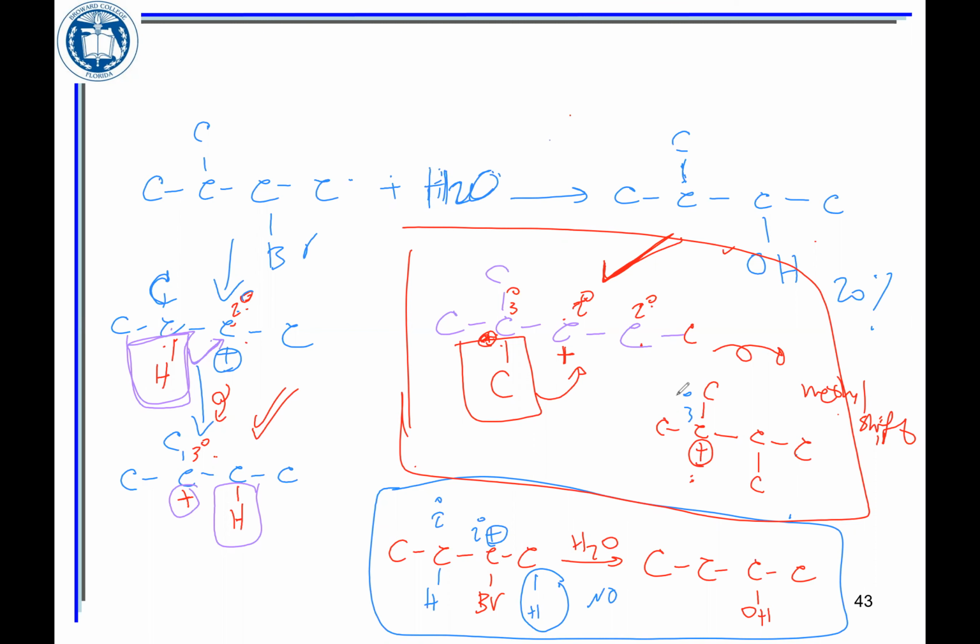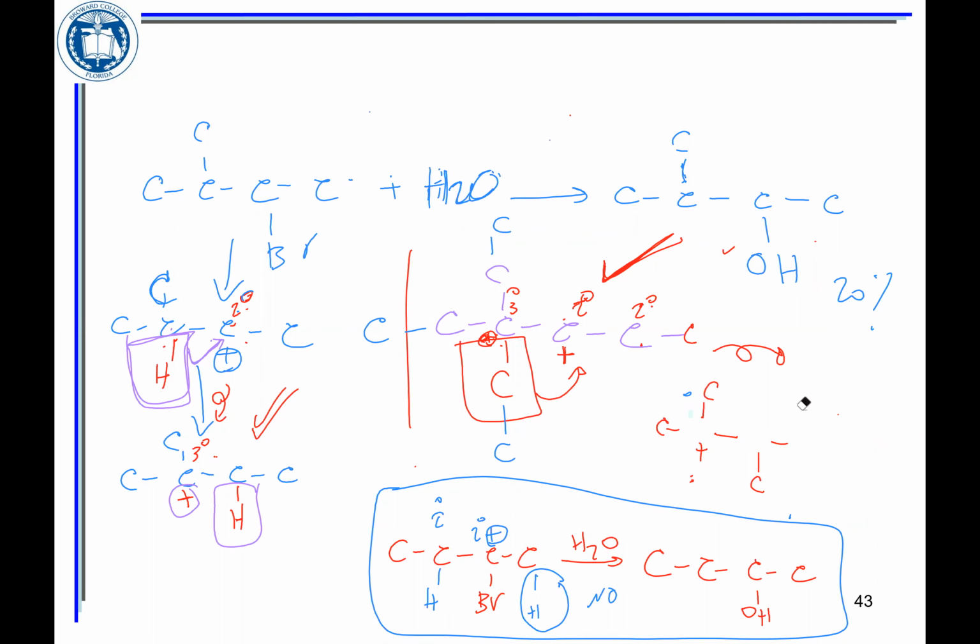Now, another fact that you need to know: if we had no methyl here, and you only had an ethyl group, then there would be no possibility for rearrangement, because the shift is either hydride or methyl.